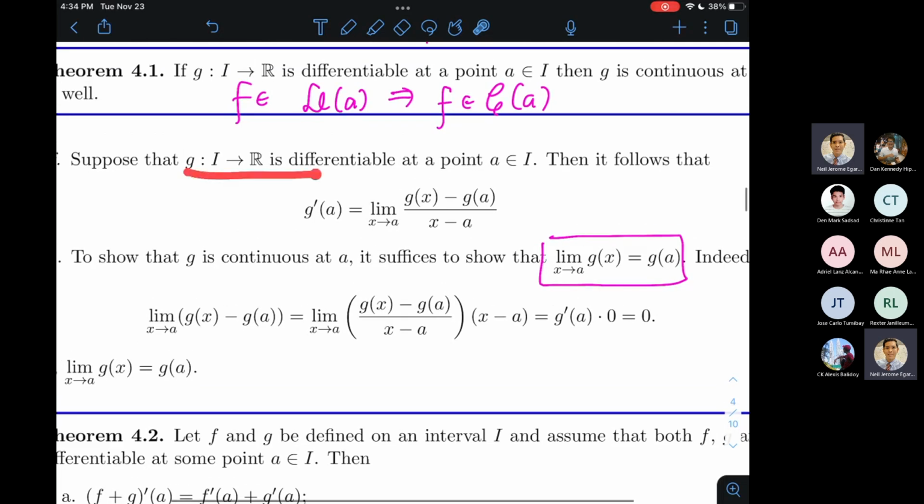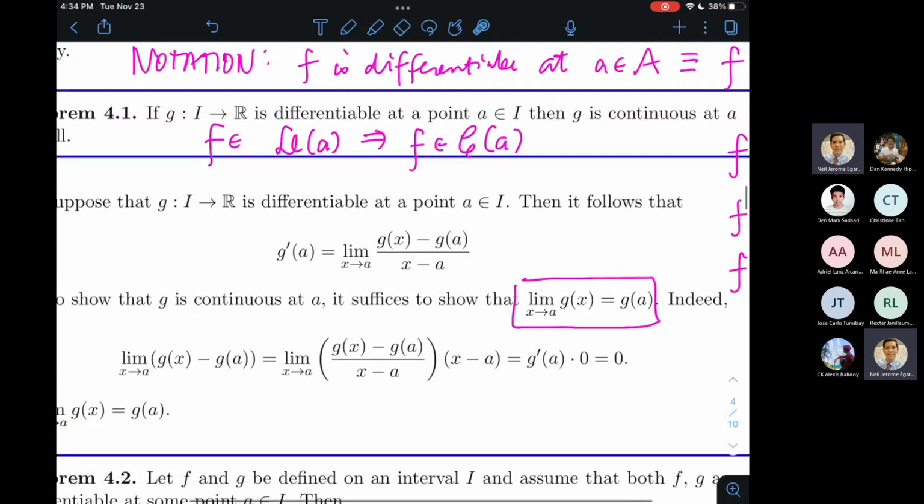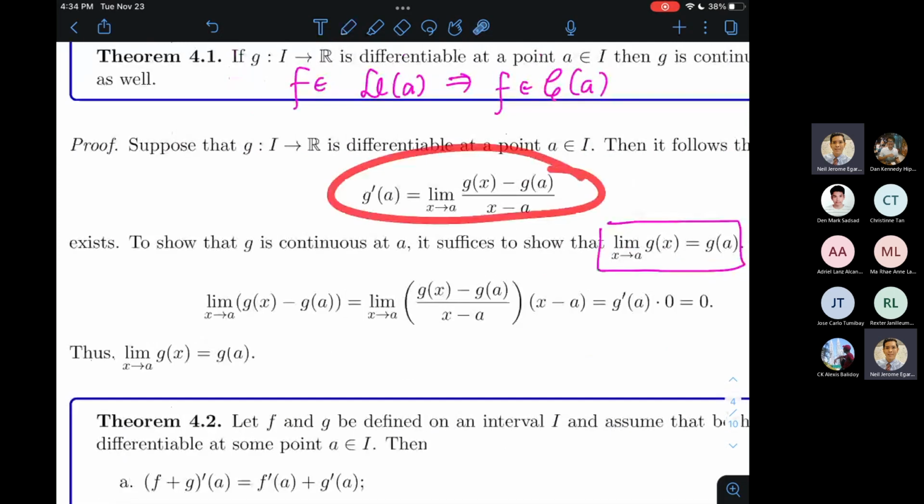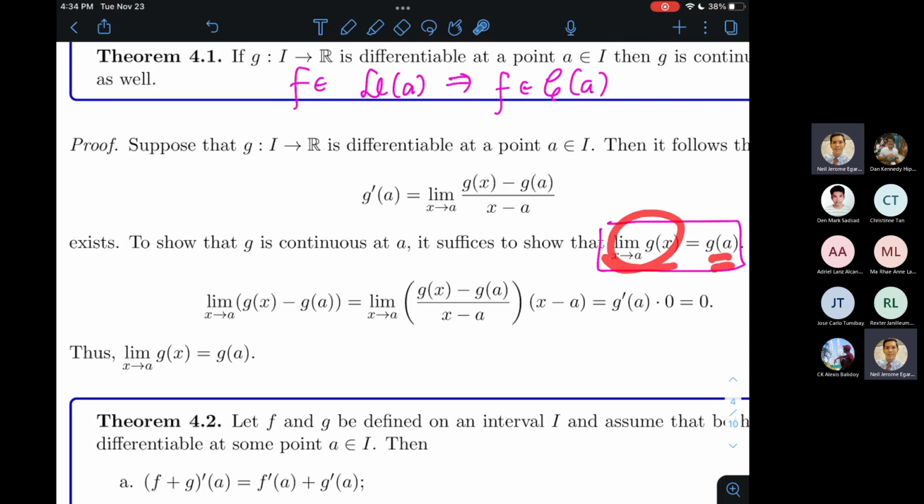Ang assumption natin si G ay differentiable at the number A. So for now, the only thing we know from differentiability is that the limit of the difference quotient exists. So alam natin itong G prime of A ay nag-exist. Tapos again, our strategy to show that G is continuous, compute natin yung limit ni G, ipakita na siya ay equal kay G of A.